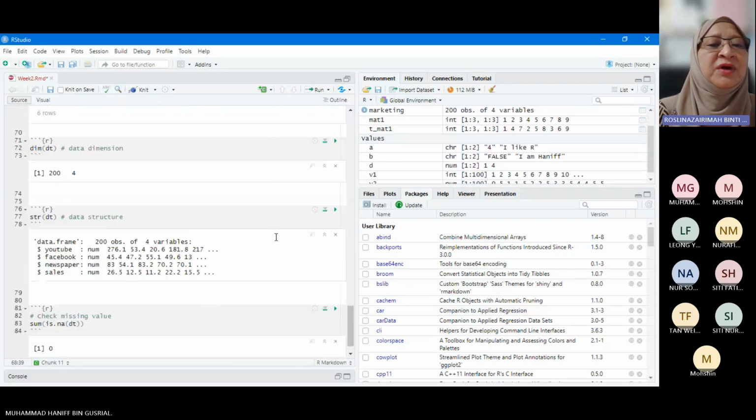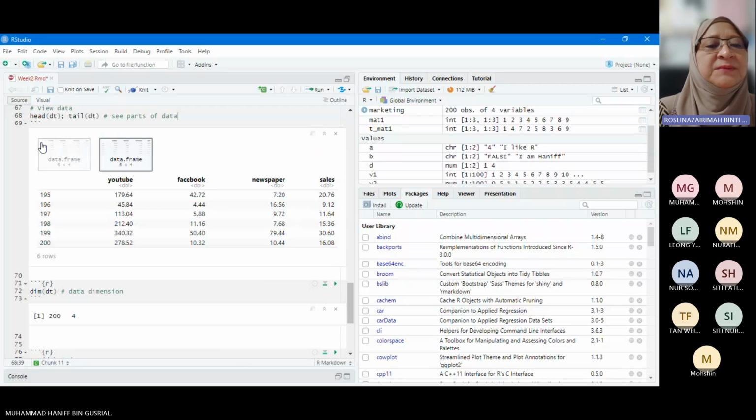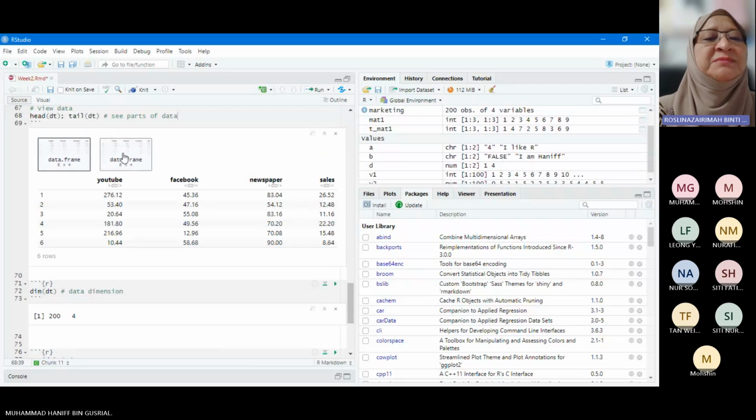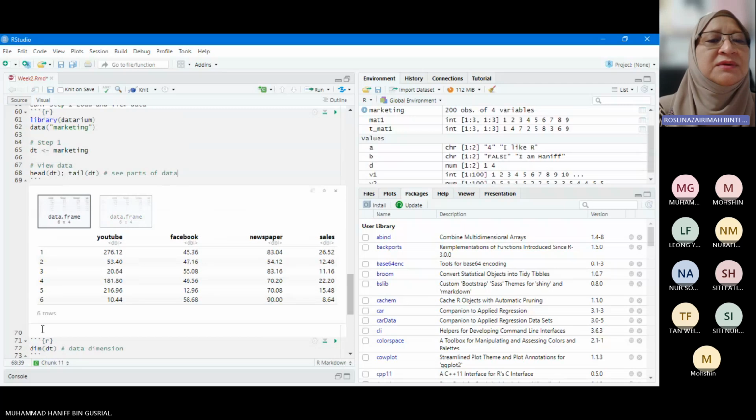If you want to separate head and tail, it is also possible. I put a semicolon there in the code. You can still separate it, and then get rid of the semicolon.